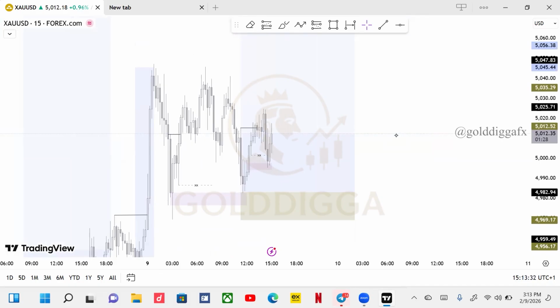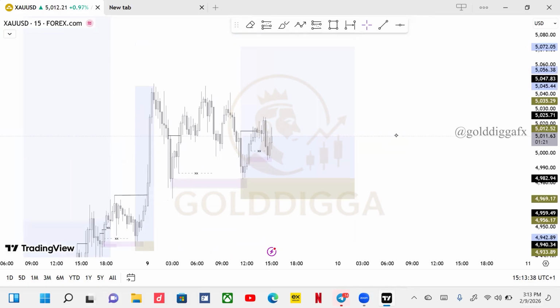I place my SL at the most logical points for trade validation. And if the point for trade validation is too big, I just use, like previously, before gold hit this maximum volatility, I would use 60 pips. But now I just use 100 pips or 150. I'm already on BE on this setup.